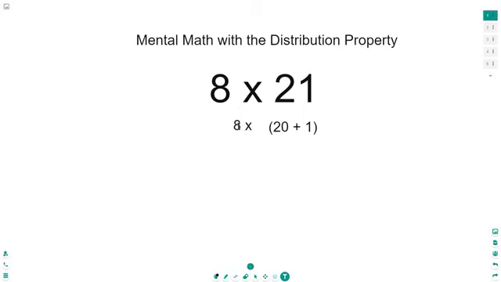Then the next one we do is this 8 times the 1. What's 8 times 1? It's 8. What was the first number? 160. What's the answer? 168. And so that's how the mental math part of the distributive property works, which is a really powerful tool, especially as you get older. So let's walk through a few more examples, and then I'll show you how it ties into the higher levels of math.